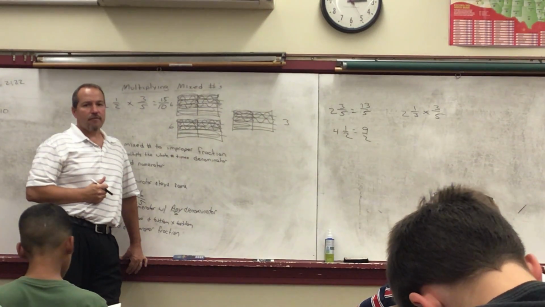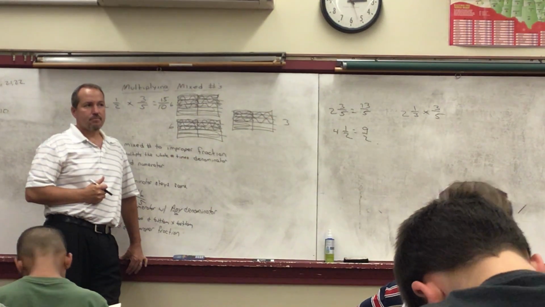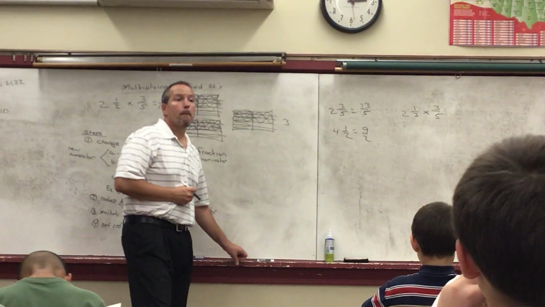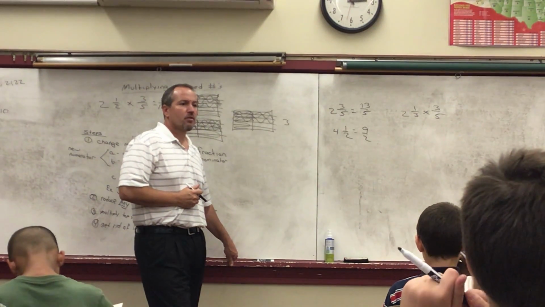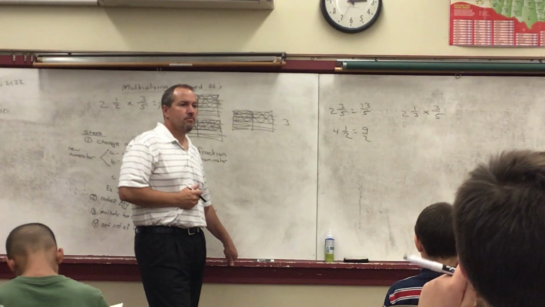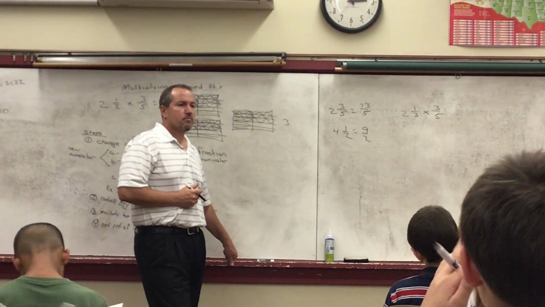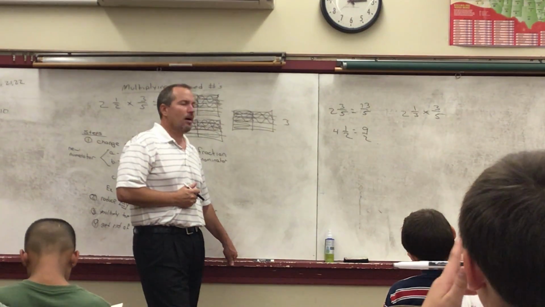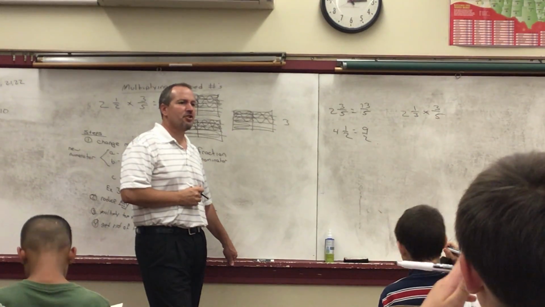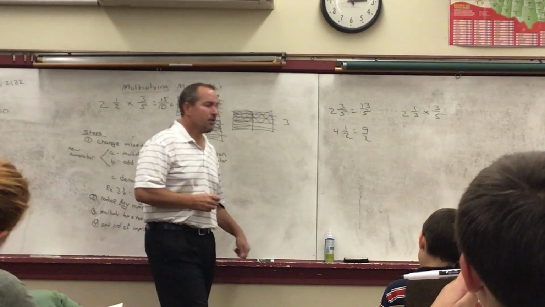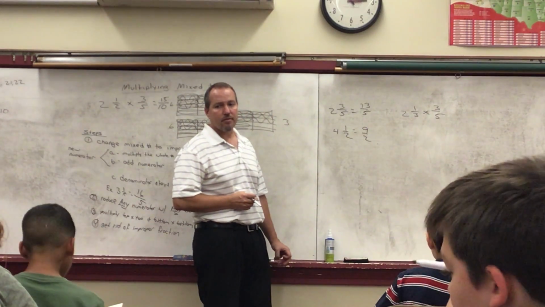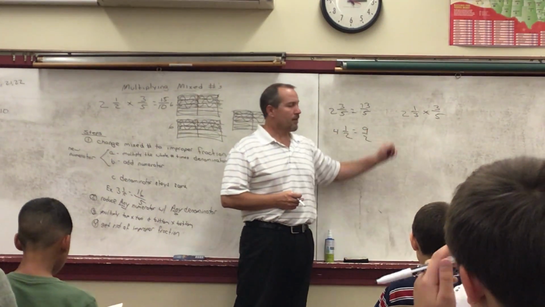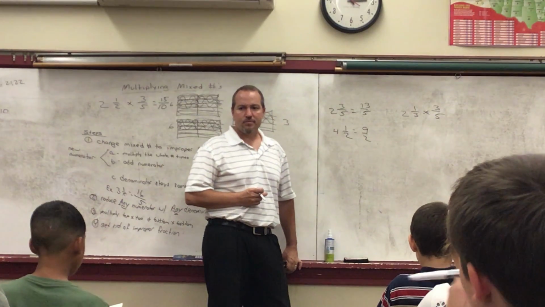Do we need to change the second fraction? Huh? What are you gonna change it to? Oh, you can reduce the 3 and 3. Well, I didn't say anything about reducing it. I said, can you change the second fraction? No. So Brian, what's that going to be as an improper fraction?